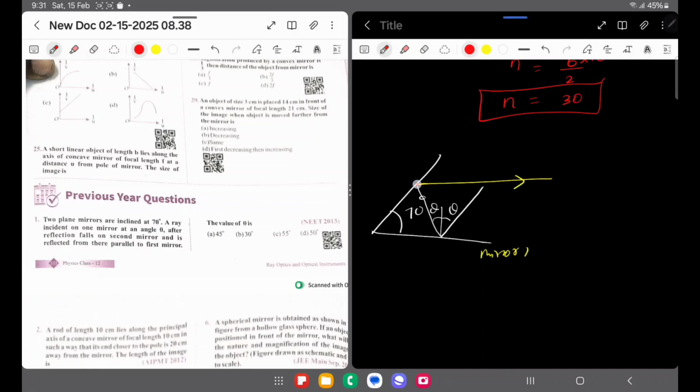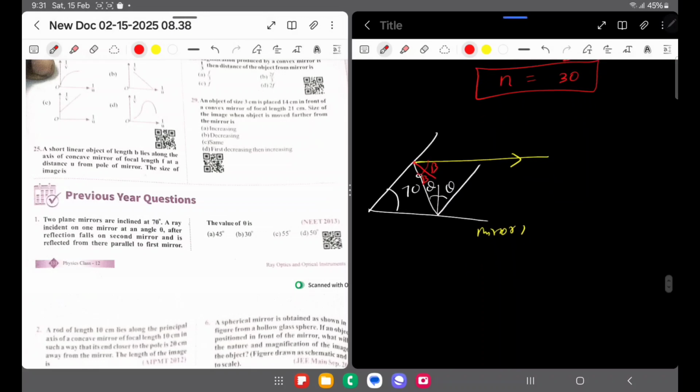At this point, if you draw the normal, it is going to look like this. This angle is beta, and this is theta. We have already seen the relationship between theta, beta and the deviation angle.